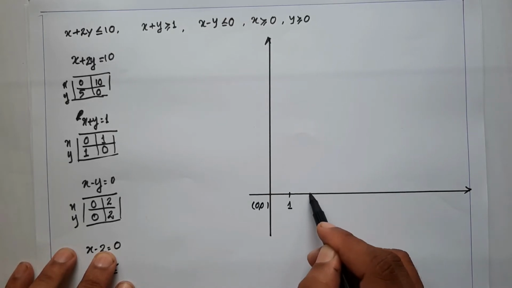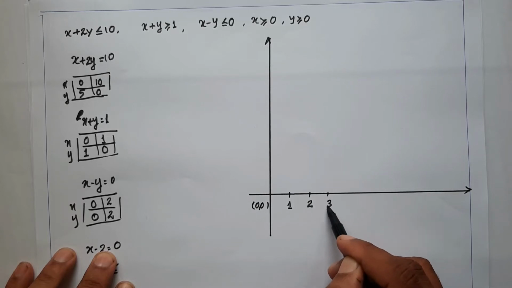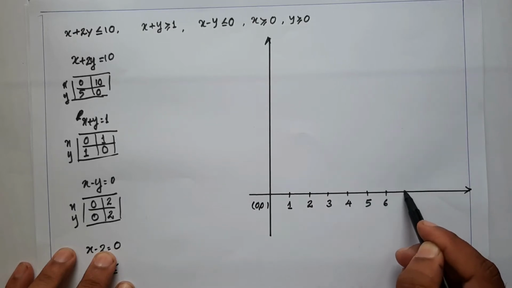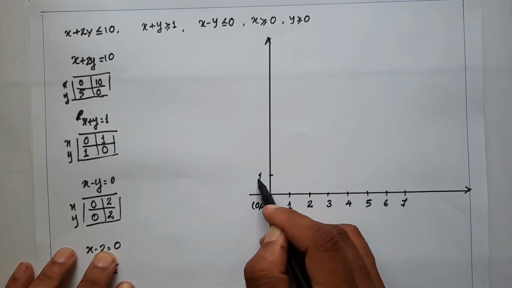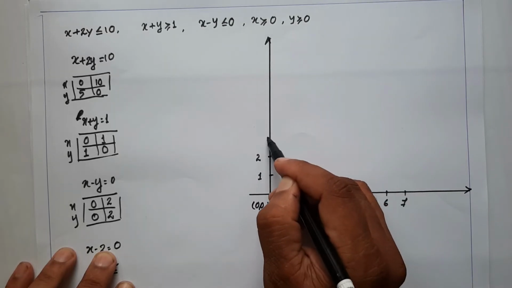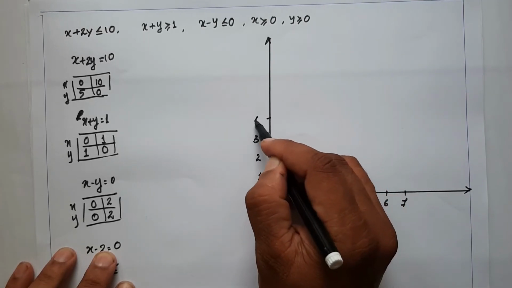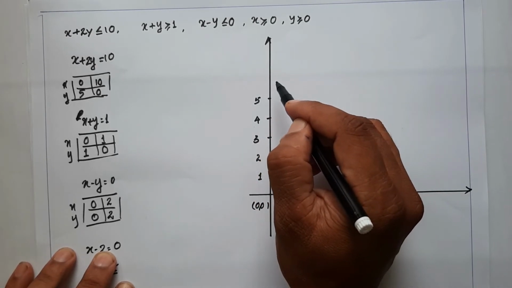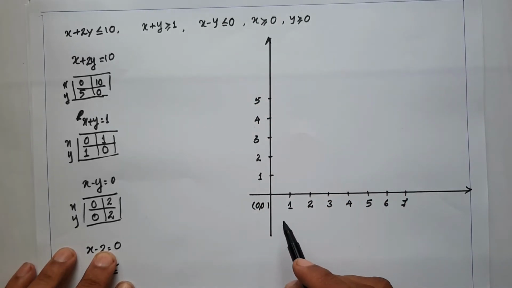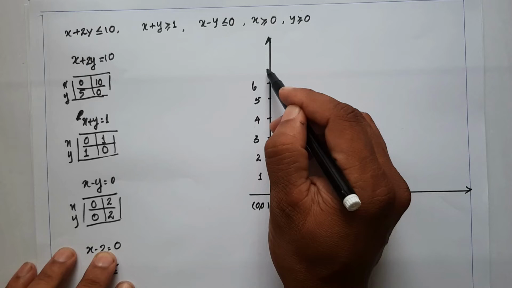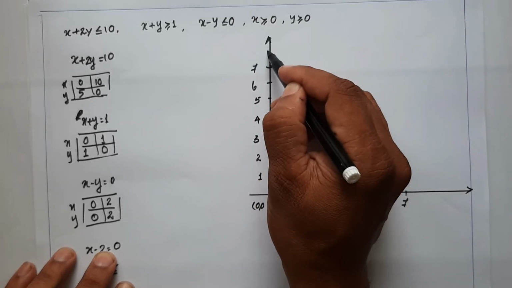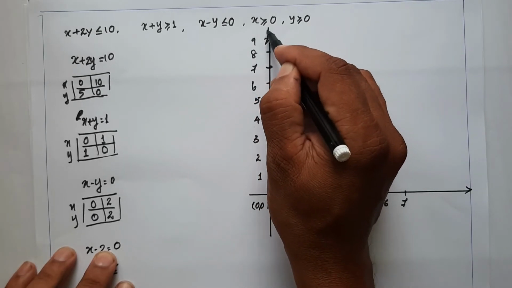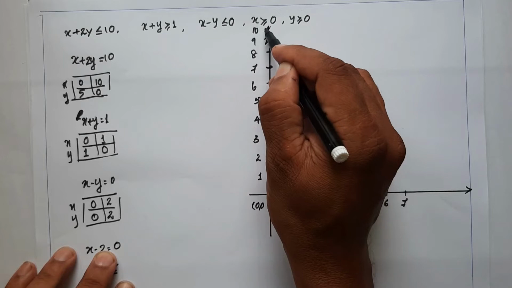So 1, 2, 3, 4, 5, 6, 7. Here also 1, 2, 3, 4, 5. You form maximum 10. 6, 7, 8, 9, 10.